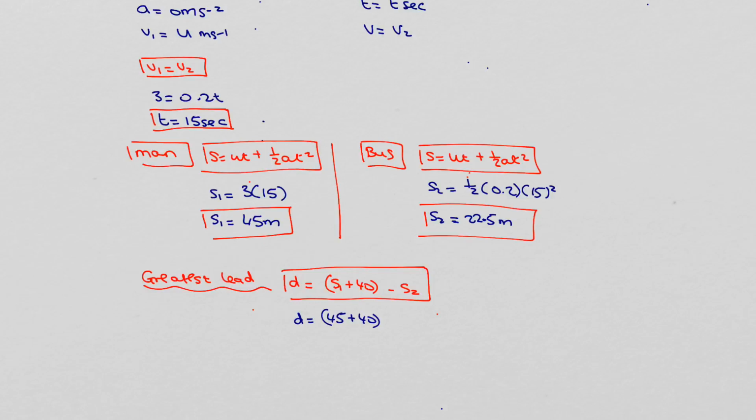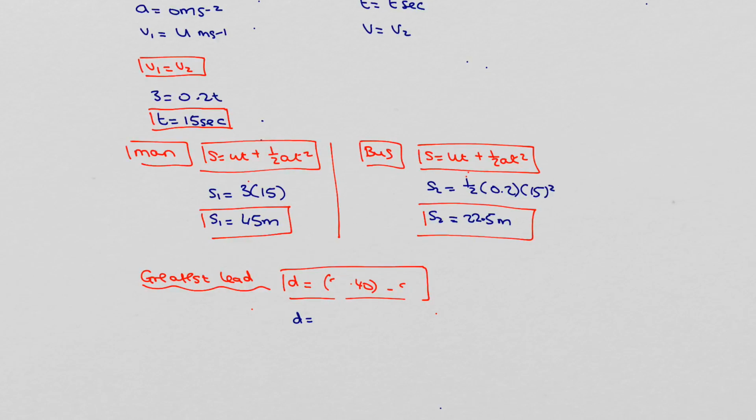Sorry, I've said that the wrong way around. And just undo that. And change, that shouldn't be S1 there. And S2, it should be the other way around. So it should be the distance travelled by the bus plus the gap between the bus minus the distance travelled by the man will give us then the gap between the two, because the bus was already 40 metres ahead of the man to begin with.